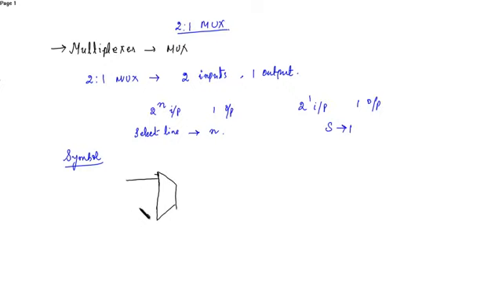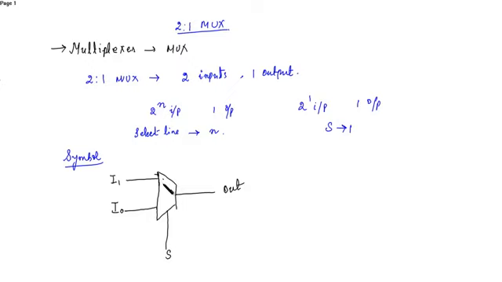It has got 2 inputs, 1 output and 1 select line. So let's say the select line is S, the inputs are I1 and I0, we can write them as A and B, and the output is out.